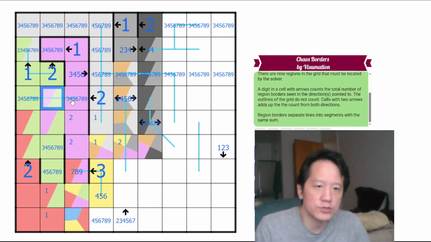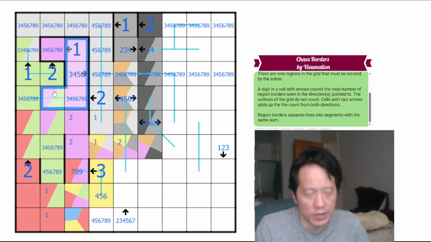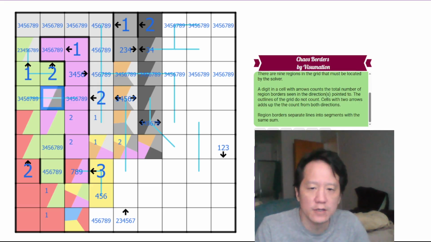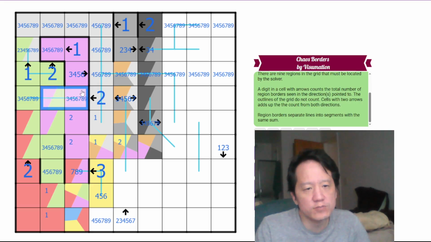This can't be 2 because of the 2 here, and it cannot be 1 because the pink has a 1 and the green has a 1, and this can only be pink or green. So this is 3 through 9. Actually, it has to be the central one. So this is with either pink to add up to the digit in the green region, or it's with the green, which adds up to the pink digit.